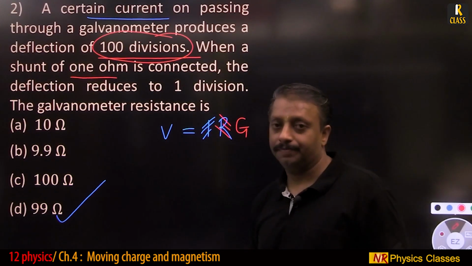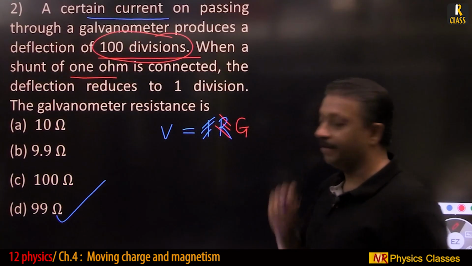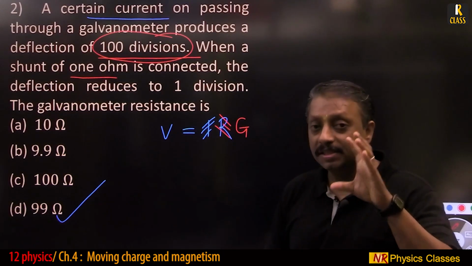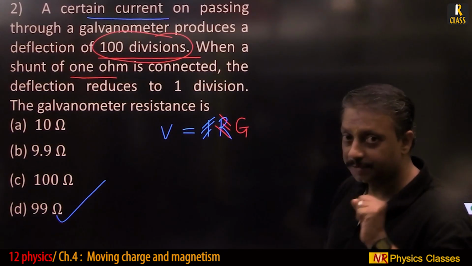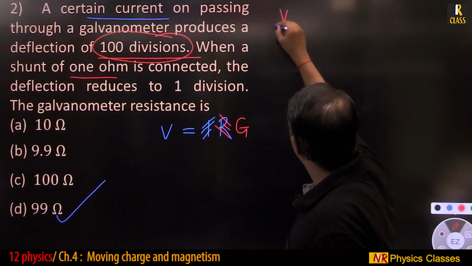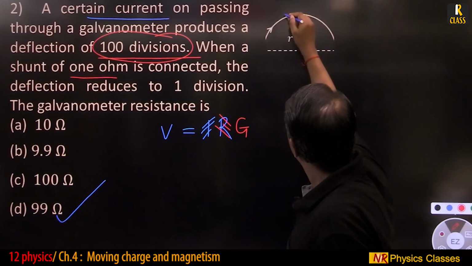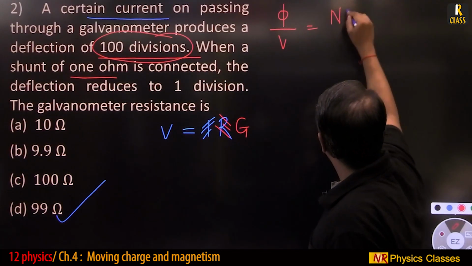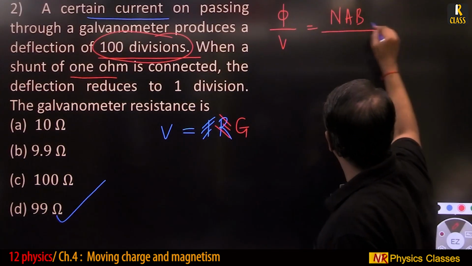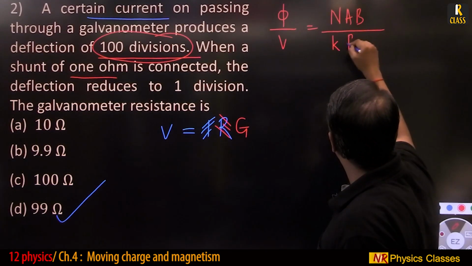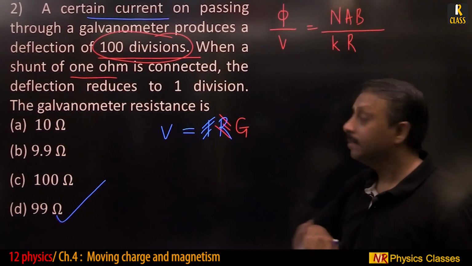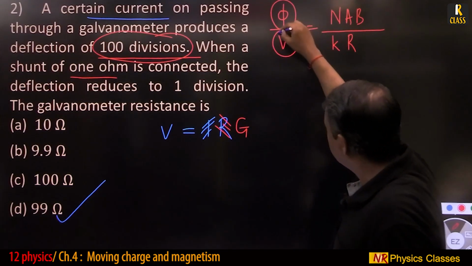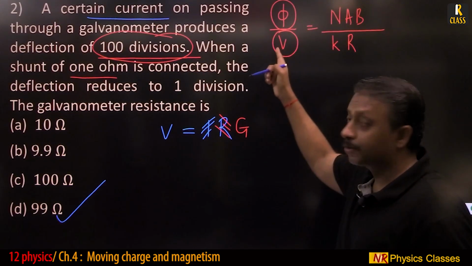And this is the source. Due to this, there is deflection. And voltage sensitivity of a galvanometer, recall that expression, phi by V equal to N A B by K R. This phi deflection is directly proportional to voltage.